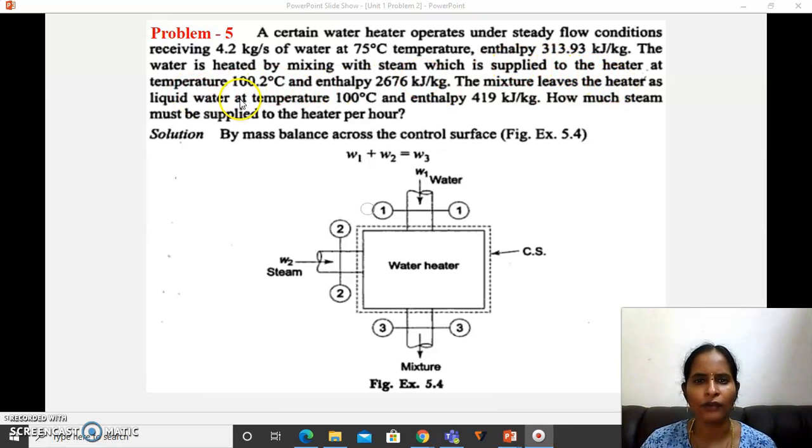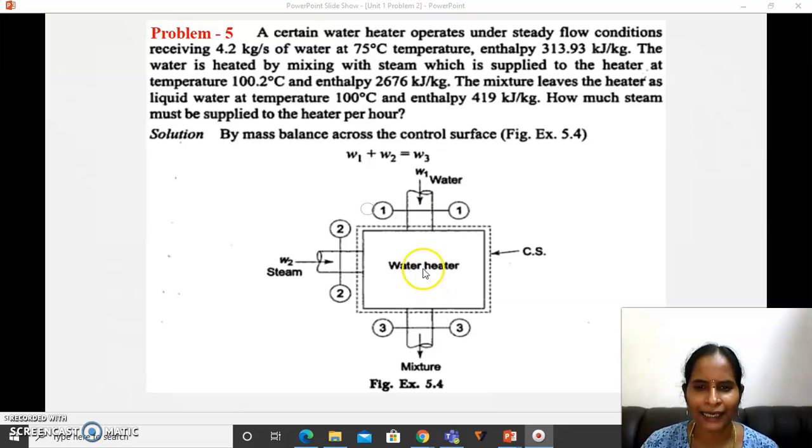That is, inlet and exit temperatures have been given, and the mixture leaves the heater as liquid water at a temperature of 100 degrees Celsius with the given enthalpy, for the mixture of both water and steam. How much steam must be supplied to the heater per hour? Just think of this water heater as the heater in your home.